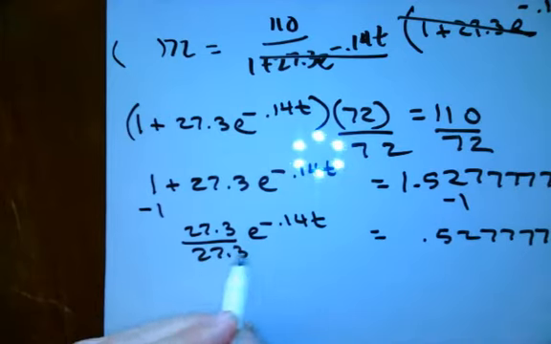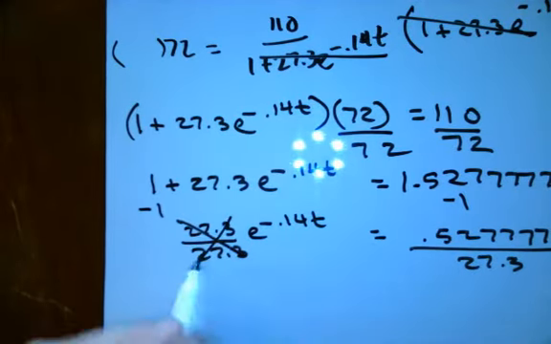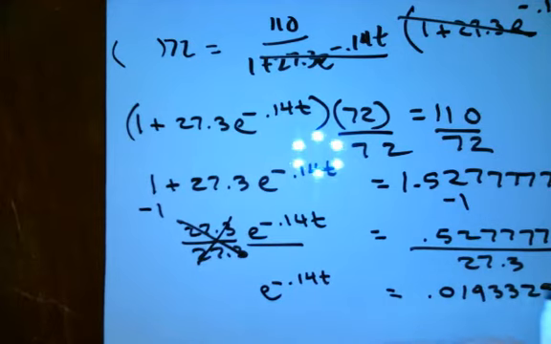Okay, I need to subtract 1 from both sides. So 27.3 e to the negative 0.14t equals 0.527777778. And then I'm going to divide by 27.3 to get that exponential by itself.